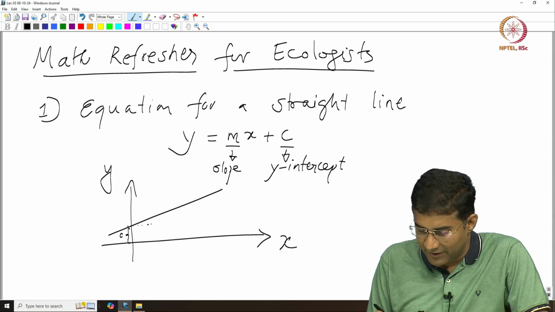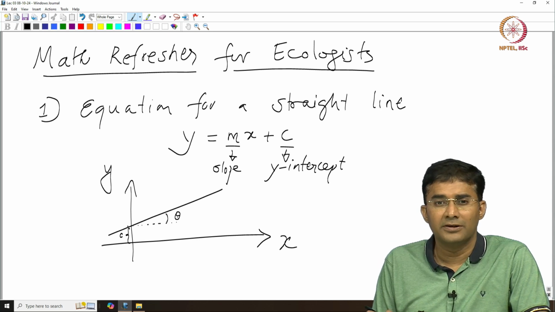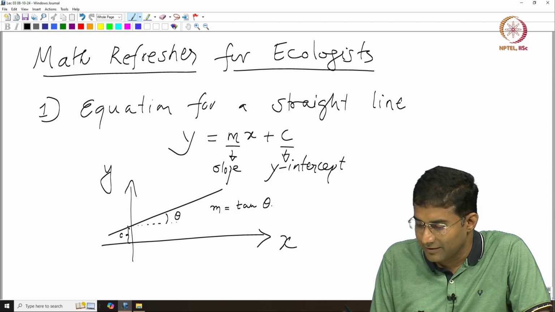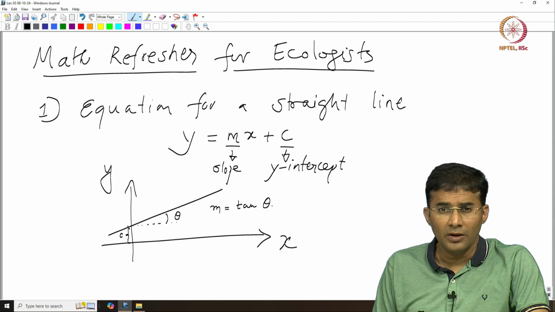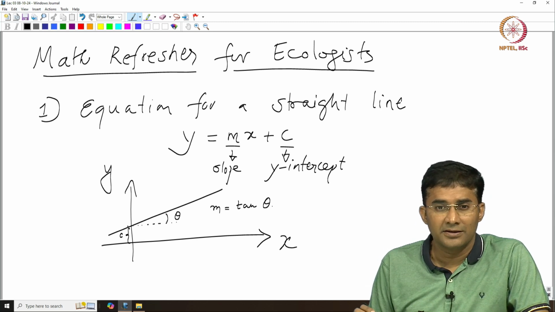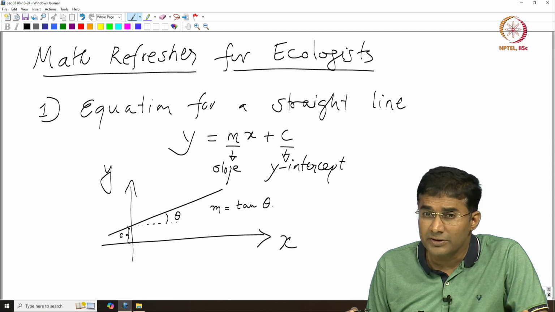And in fact, if our line makes an angle theta with the horizontal axis, then the slope would be given by tangent of theta. Okay. And the example that I have drawn here is that of positive slope.